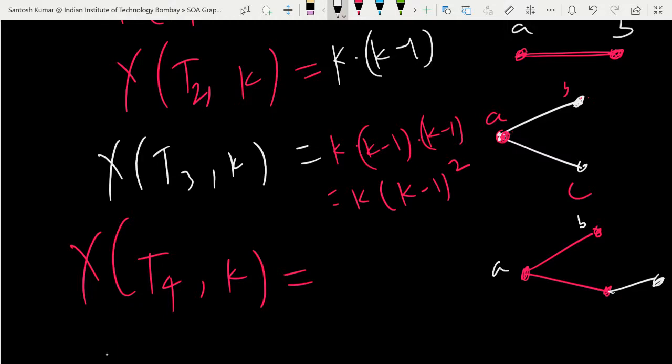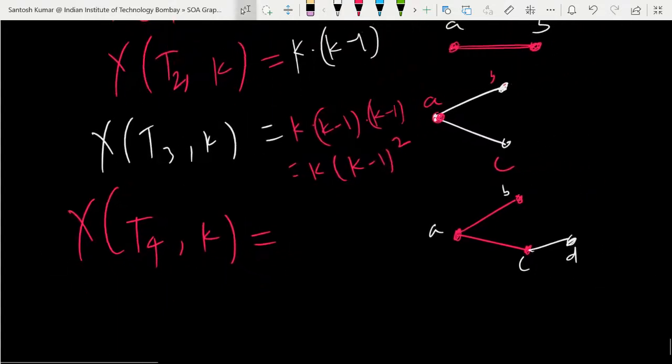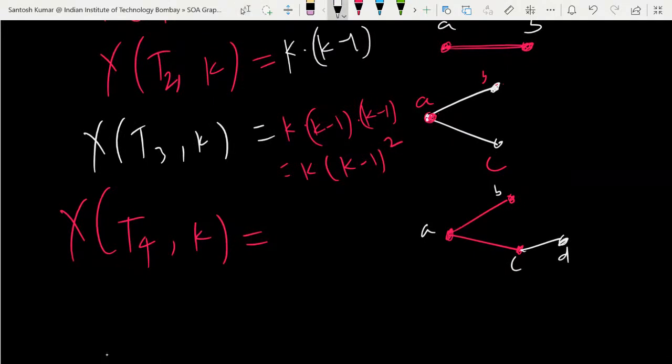Like A, B, C, D. Now tell me, how many choices do you have for A? K. Choices for B? K minus 1. Choices for C? K minus 1. For C you have k minus 1. For D?